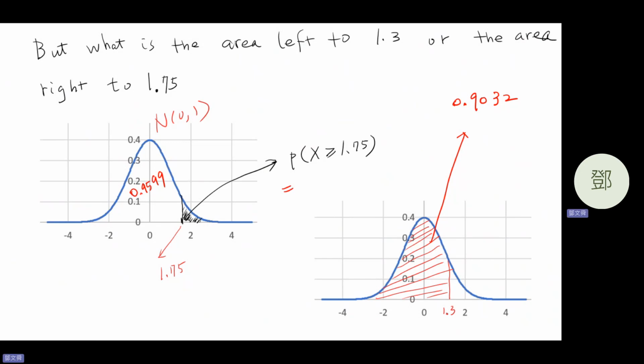So it is 1 minus 0.9599, which is 0.0401.